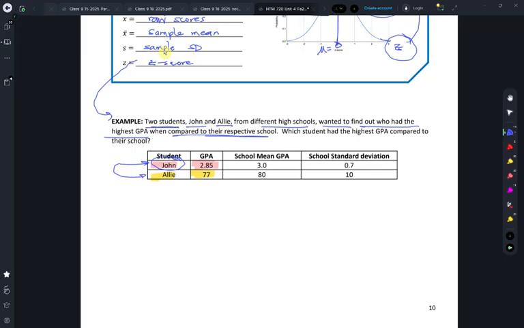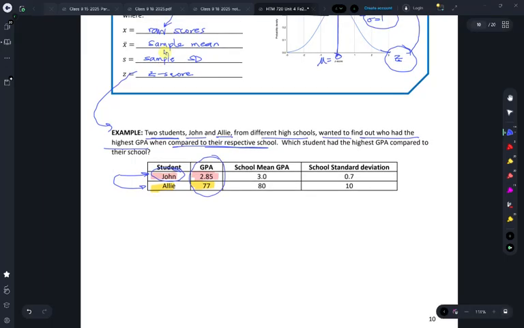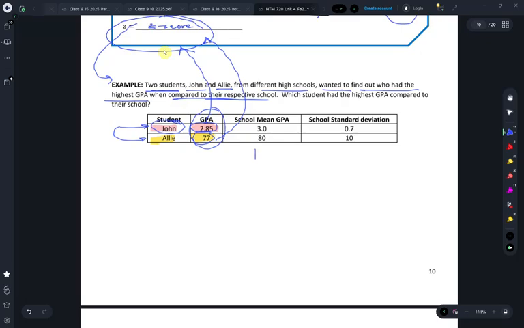To do that, since the GPAs are not on the same scale, we can use the z-score of each of these values to bring them to the same scale, that is the z-score scale, and then it becomes comparable. Let us see how to do that. So we have that of John and we have Ali.